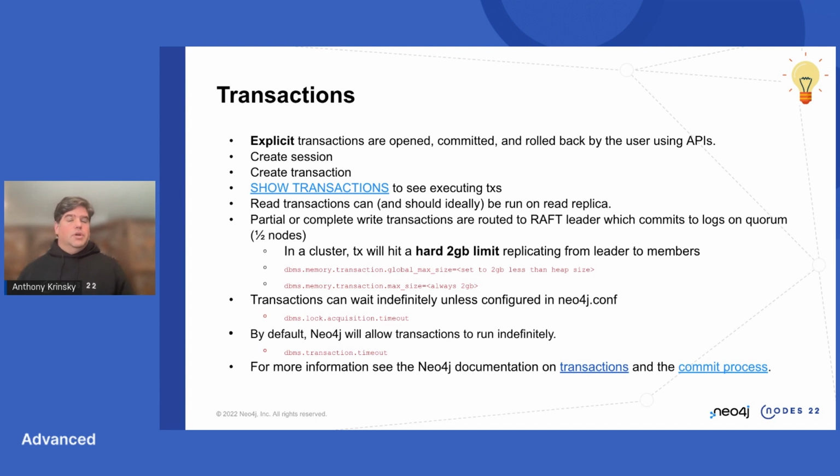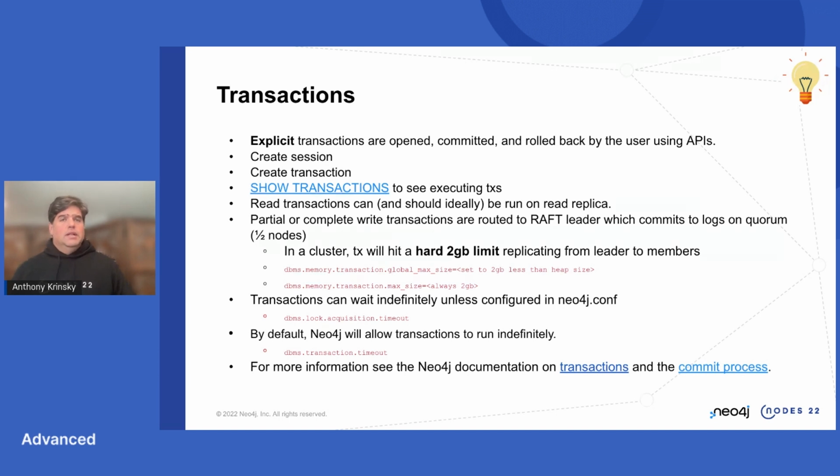Now, about transactions in a clustered system, they get created on the leader, and then it commits to a log on at least half of the nodes. When you're deploying your Neo4j cluster, you're going up from 1 unclustered to 3 to 5 to 7 and so forth. We'll want to commit that log to a majority of the cluster before we accept it. And if there's no quorum for that, we'll reject the commit and tell you there was a problem.